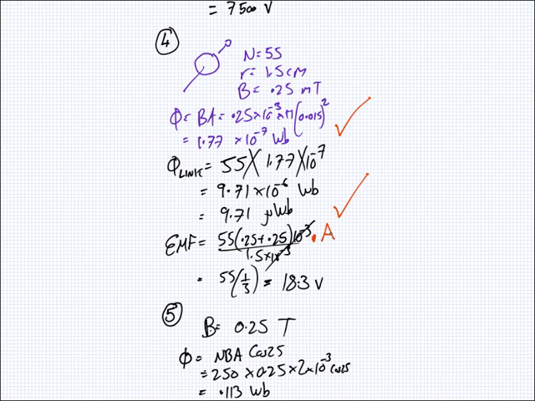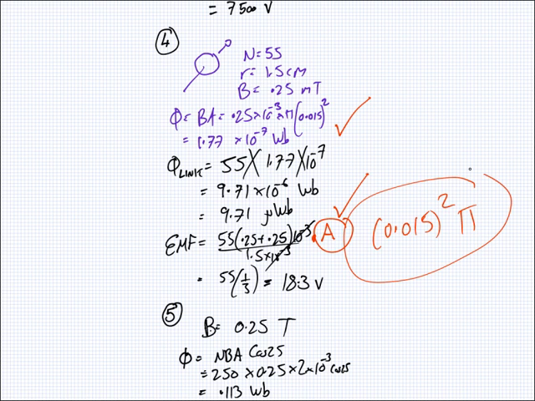Yeah, I left out the area here. Thank you for spotting that, Gina. So what is the area here? I should have had 0.015 squared pi. Can someone take that and multiply it by that? 0.012. Are you sure? 0.013. Yeah.